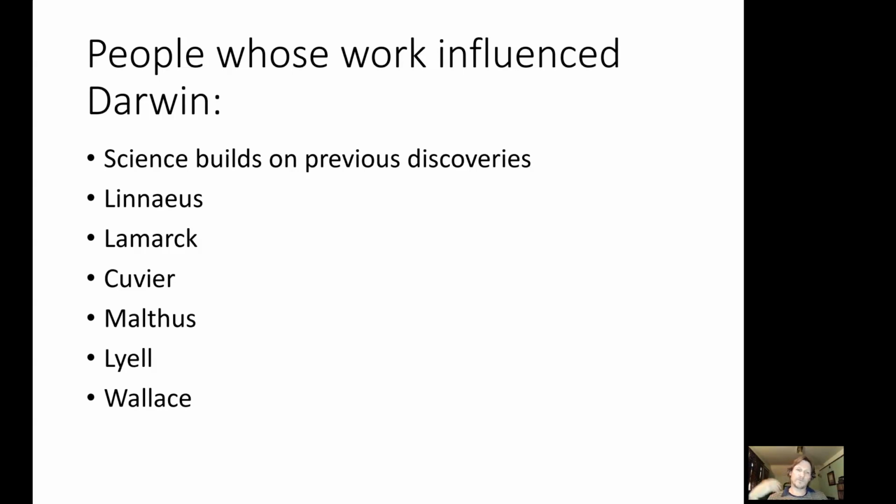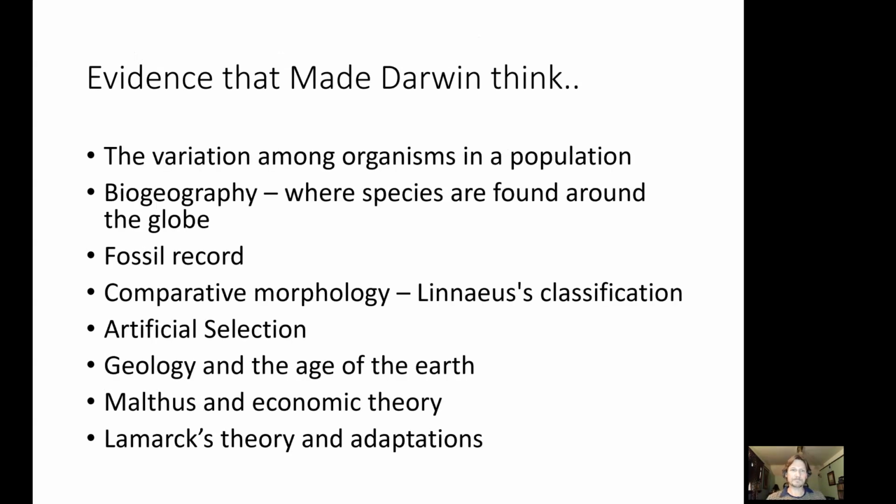Lyell, following on the work of Hutton, is a very significant geologist. And Wallace was another biologist who actually came up with the exact same ideas and is considered the co-discoverer of natural selection. Of these, Lyell and Wallace were alive during the time of Darwin, and Darwin actually knew them and was very good friends with them. So they kind of worked together a little bit.